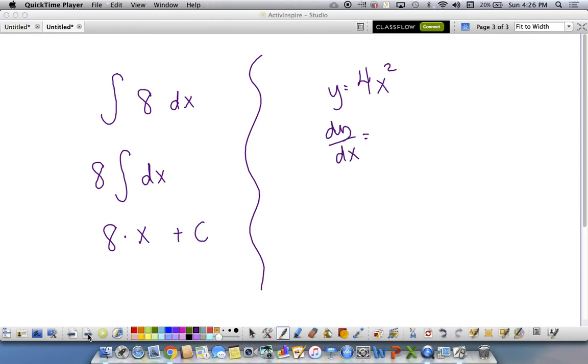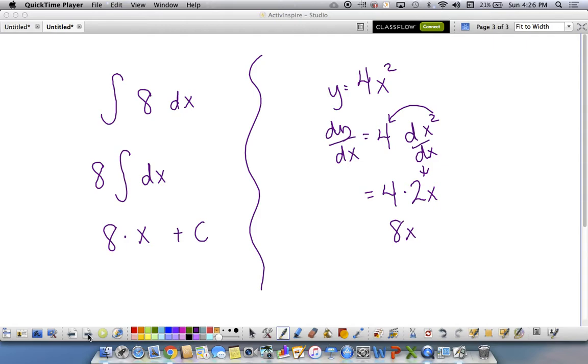There was a rule, we don't talk about it that much because it's so simple, that we could pull this 4 out and find the derivative of x squared. What's the derivative of x squared? It's simply 2x raised to the first. If our constant is out, we know that it's simply 8x. We've always just done 2 times 4 and then subtract the 1. That's exactly what we're doing. Just slowing down so we can see a little easier if we're going backwards.